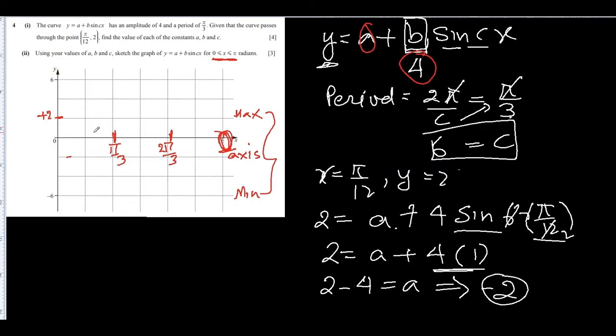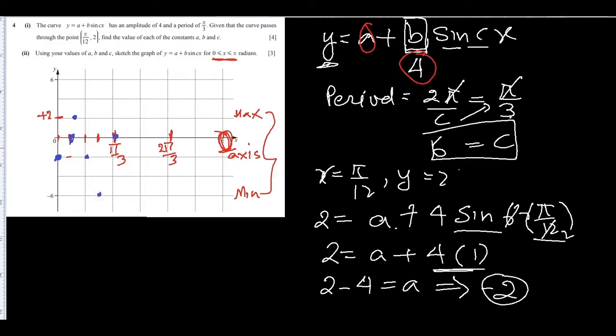First thing we should do, we'll divide pi by 3 into 4 parts. So this, and this. There are 4 parts. And it's a sine. Sine starts from the axis. So let me change it again. The axis is here. So it starts here. In the first part, it goes to the maximum. So it will go here. In the second part, it comes back to the axis. In the third part, it comes to the minimum, and then it goes back to the axis.